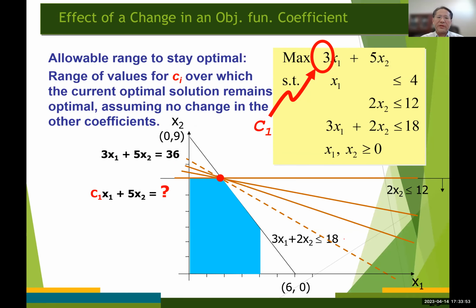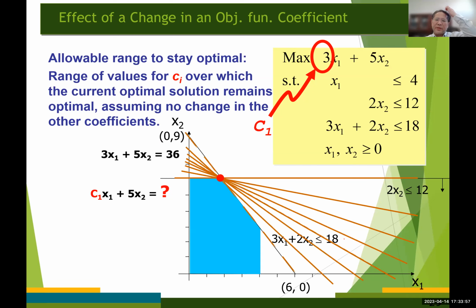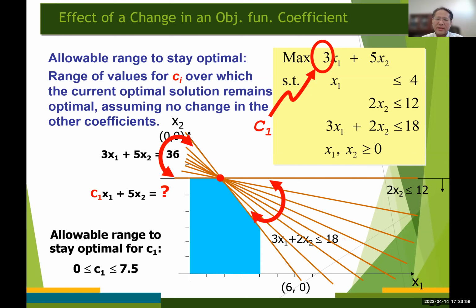And graphically, we have shown that if all other parameters remain unchanged, then within this range, the current optimal solution remains optimal.